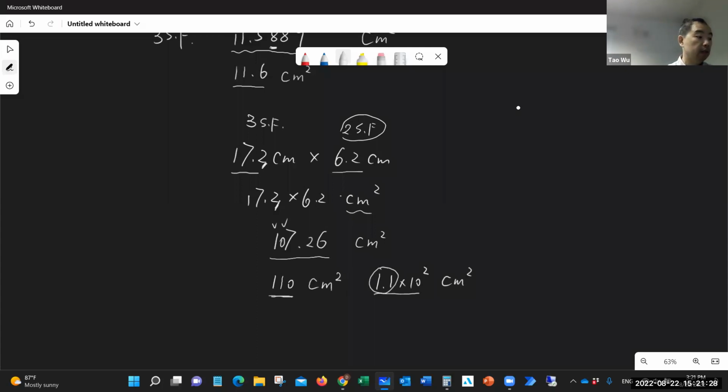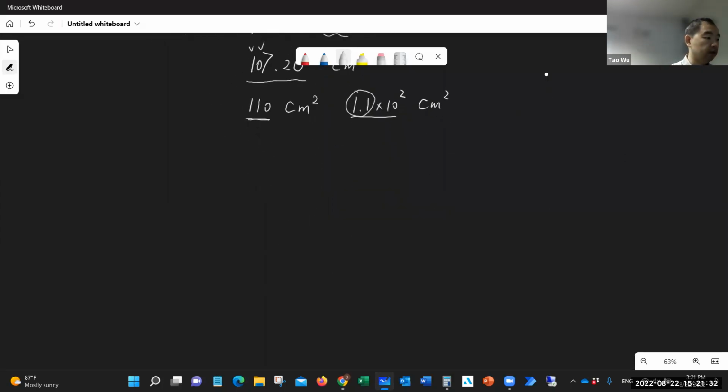And then let's talk about one of the divisions. They're doing the same thing. 8.071 square centimeter divided by 4.21 centimeter. So that's a division.